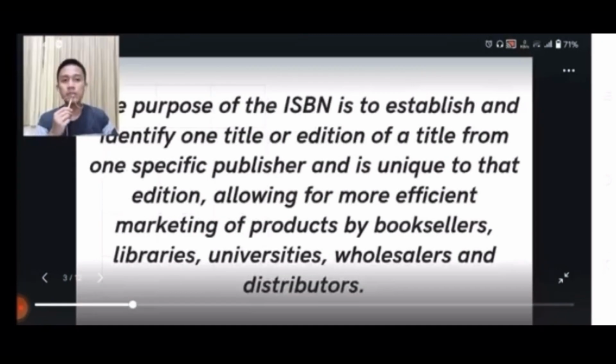The purpose of the ISBN is to establish and identify one title or edition of a title from one specific publisher and is unique to that edition, allowing for more efficient marketing of products by booksellers, libraries, universities, wholesalers, and distributors.